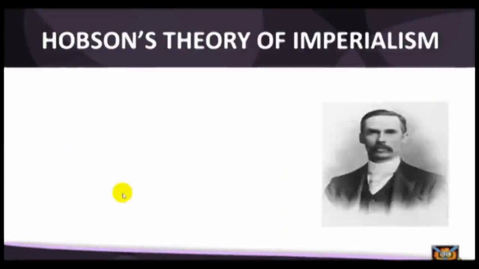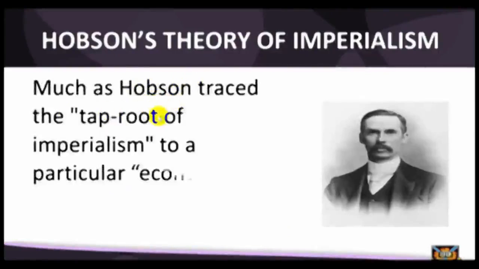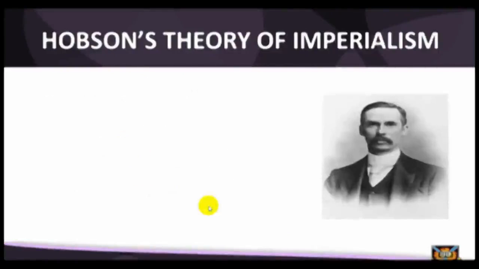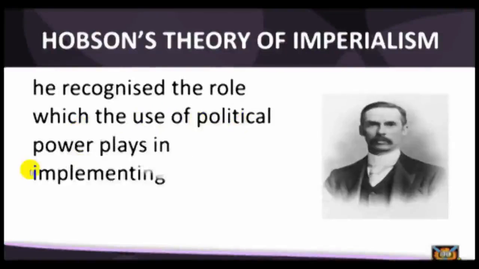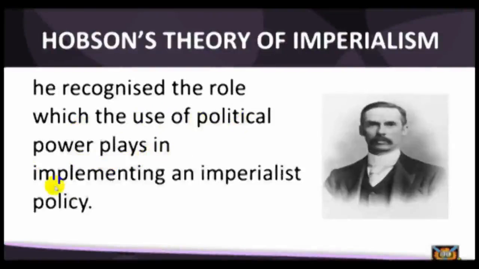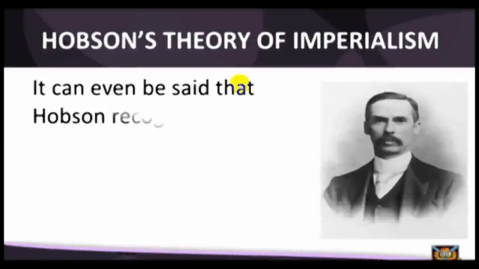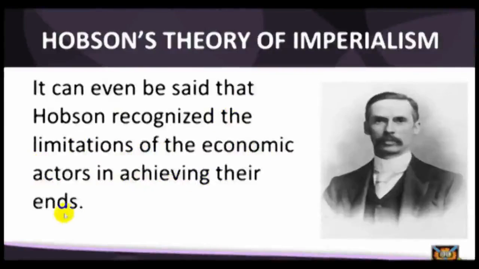Much as Hobson traced the taproot of imperialism to a particular economic condition of affairs, he recognized the role which the use of political power plays in implementing an imperialist policy. It can even be said that Hobson recognized the limitations of economic actors in achieving their ends.